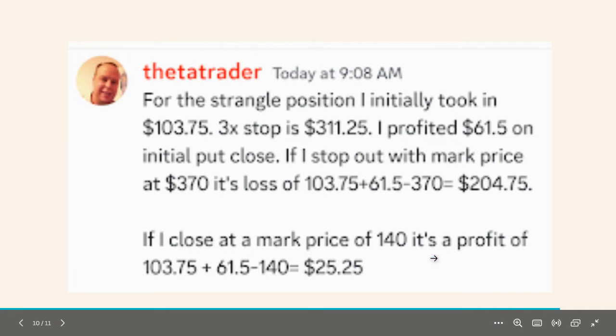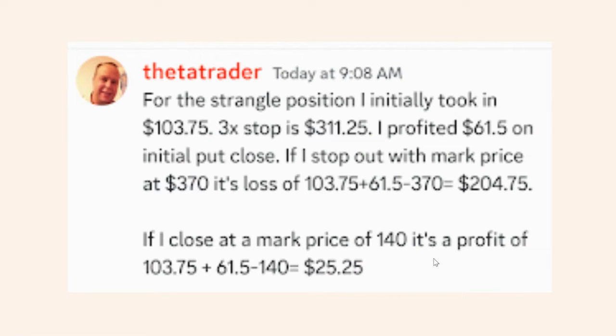So these are the numbers that we looked at from the previous trade. The strangle position, I initially took in $103.75, a little over the 20 premium. 3 times that, or the 3x stop, is 311.25. Now I profited $61.50 when I rolled the put side from the initial put close.